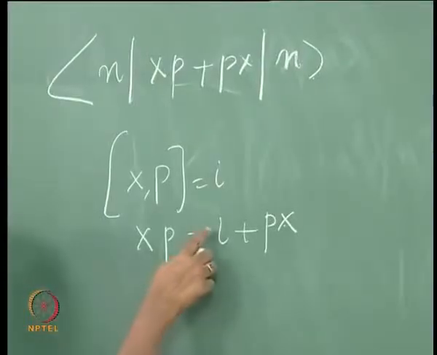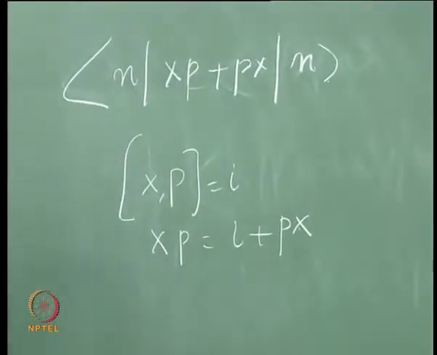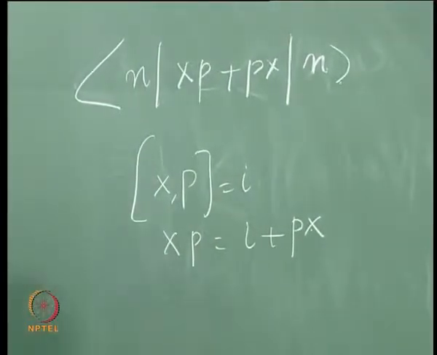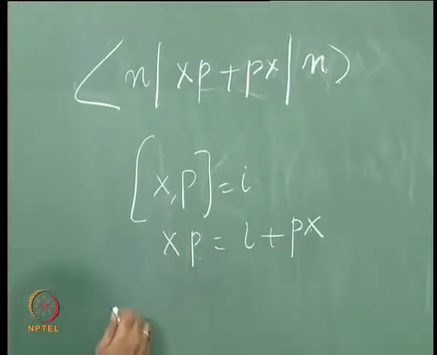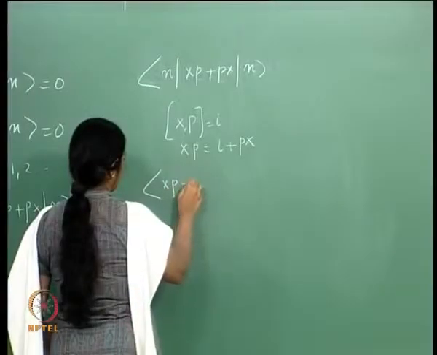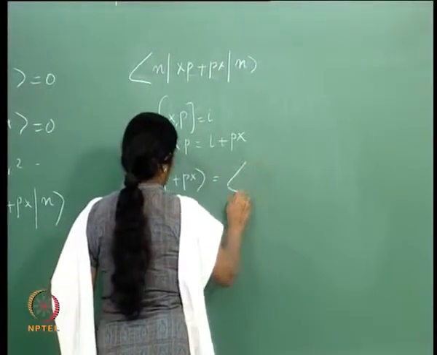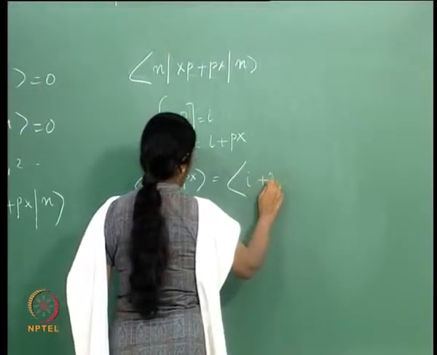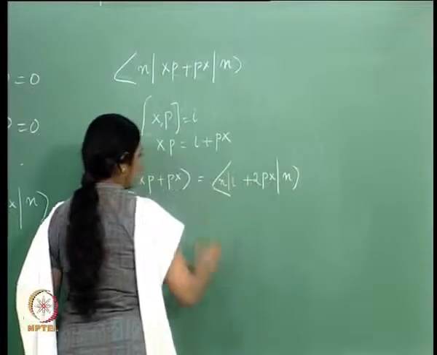Actually, it is i h cross times the identity operator out there, but we have set h cross equals 1. So, xp is simply i plus px, and therefore, I can write this as i plus 2px, and I want the expectation value in the state n.